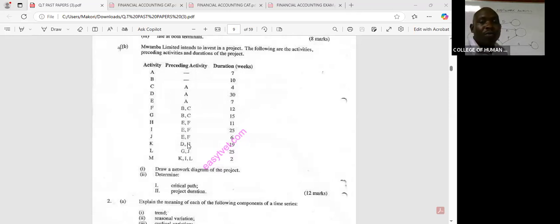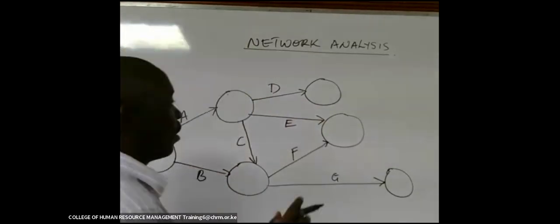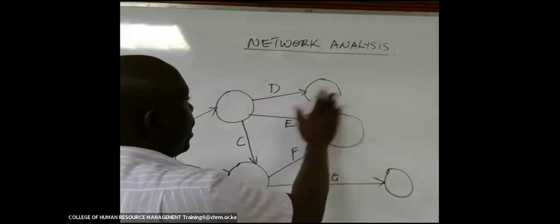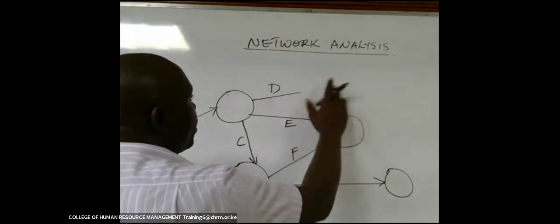So H, which will start from EF, will go and meet the end of D, where D has come to an end. So we shall have this EF here. And D, let me enlarge this one a bit.